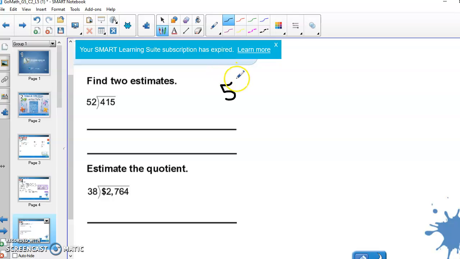All right, so we rounded our divisor 52 and we rounded it down to 50. Now I want to change 415 to something that's compatible with 50, or more importantly, 5. So if I look at the first two digits of 415, I see the number 41. If I round that down to 40 and change the 5 to a 0, in other words, if I round 415 to 400, I have to ask myself, well, are they compatible?